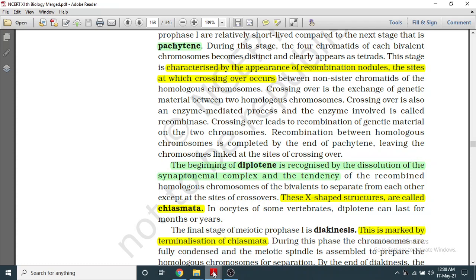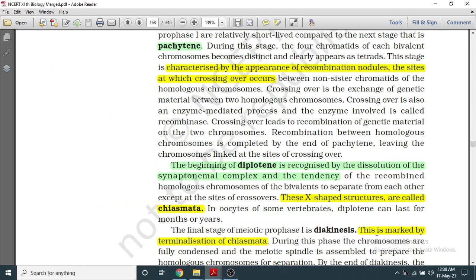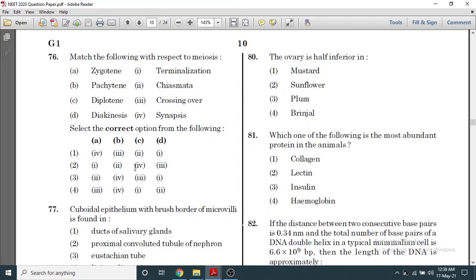So diplotene will match with chiasmata. Diakinesis, they have clearly written, is marked by terminalization of chiasmata. So for this question number 76, answer number 1 will be correct.